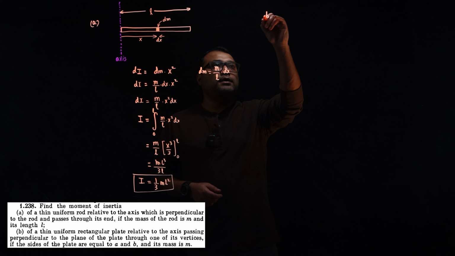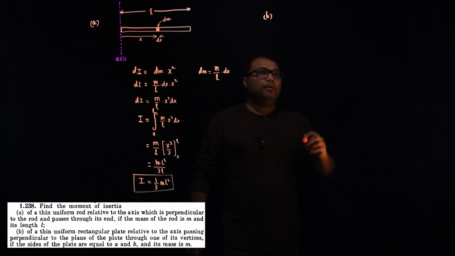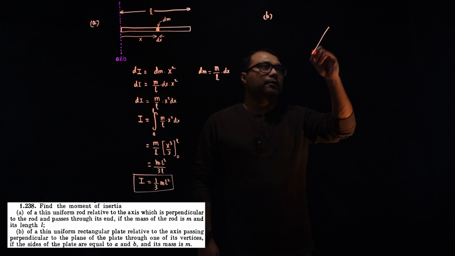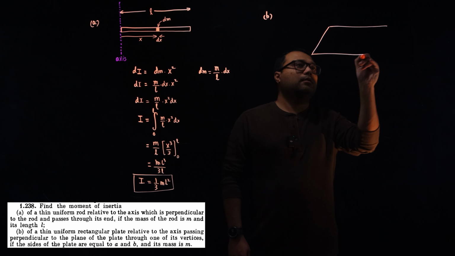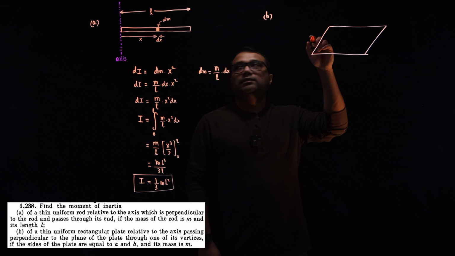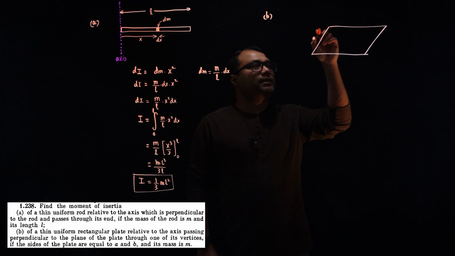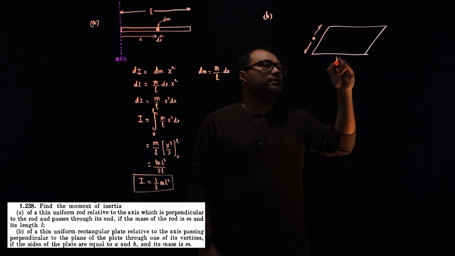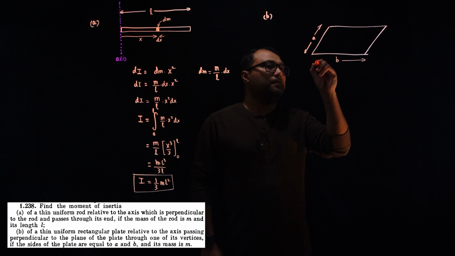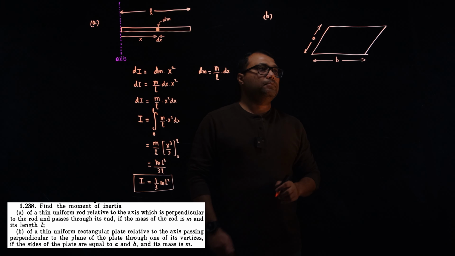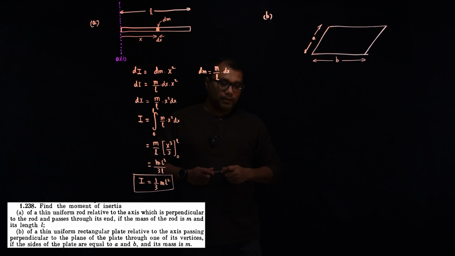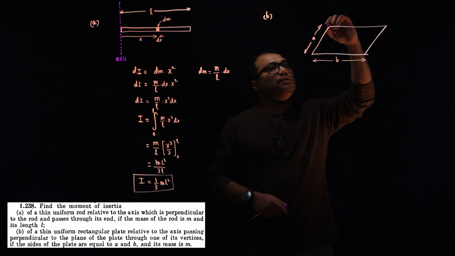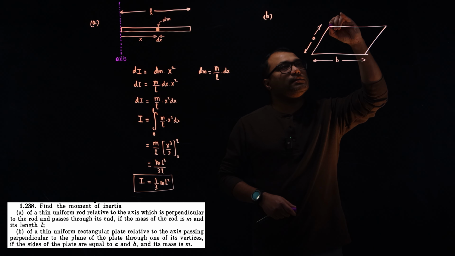So for part B, we have a rectangular plate like this. Let's say this side is A and this side is B. Now the axis is passing through one of the vertices.